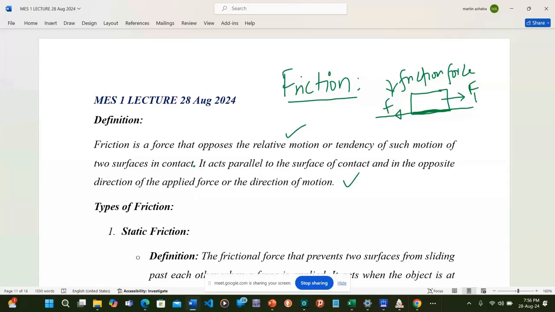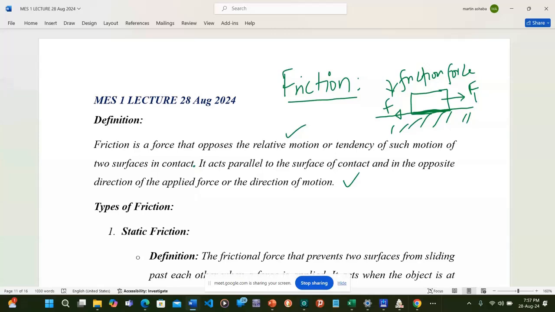So I have a ground, I have a body, or like a box, then I try to pull it to move parallel to this surface. So what happens if the ground is rough?